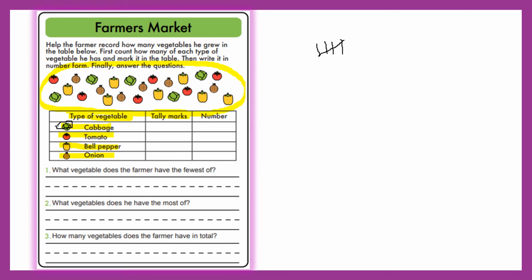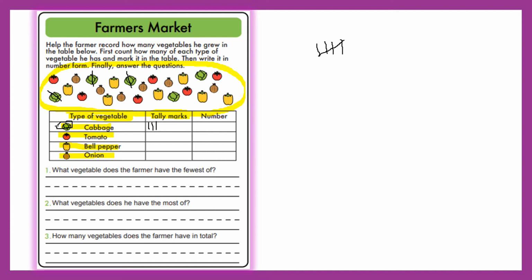All right, so I'm going to start right here, and I'm going to cross that one off so I know I counted that one, and I'm going to make a tally mark for it. Then I'm going to come back up. Oh, there's another cabbage. Let me mark that one off and make another tally mark. Let's find, oh, there's another one. Cross it off. Make another tally mark.